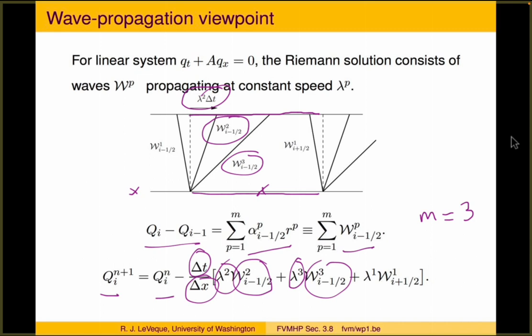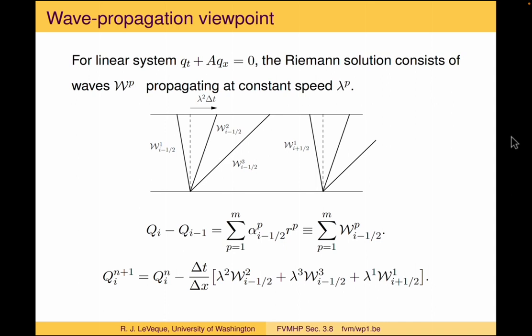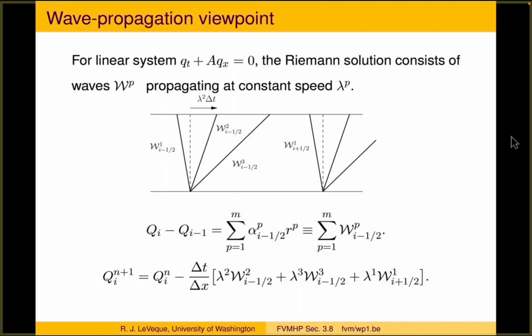And then if we look at the other wave that's coming into the cell, it's the one that has negative wave speed, lambda 1, and it's moving in a distance lambda 1 times delta t. It carries a jump W1 proportional to the eigenvector of A corresponding to lambda 1, and then we divide by delta x in order to get the influence on the cell average.